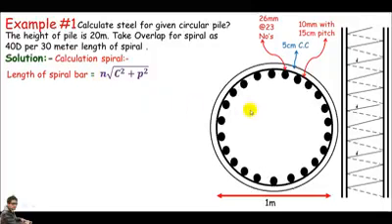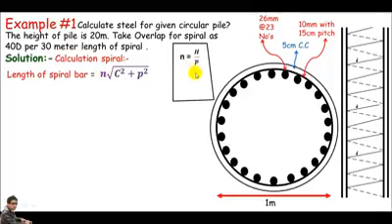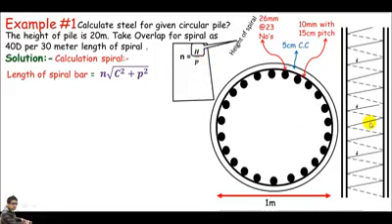Here n represents the number of pitches, c represents the circumference of a spiral bar, right? And p represents the pitch. Let me calculate n first, which is the number of pitches, and this is quite simple. I'll put n equals h by p. Here h represents the height of the spiral, which is the total height or length of this column, right?